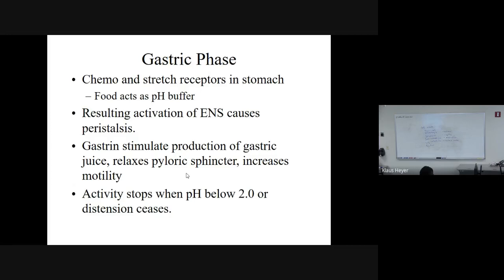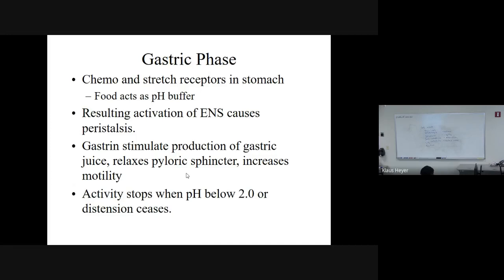And it's negative feedback. So once your pH gets back to a normal level, once it's not stretched out anymore, the gastric phase is going to stop. So that's the second phase of digestion.